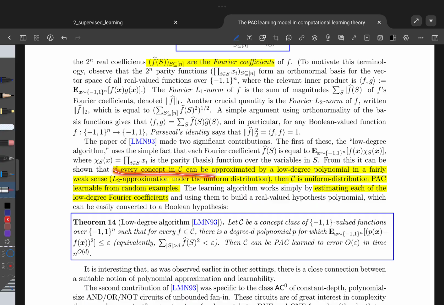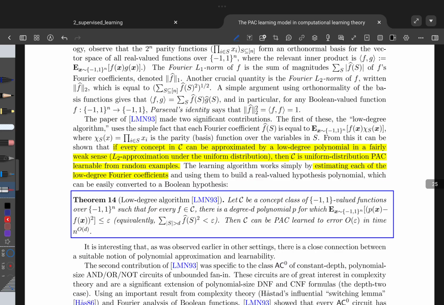So basically, if any concept can be approximated by a low degree polynomial in some weak sense, then you can also design a PAC learning algorithm for a particular distribution.